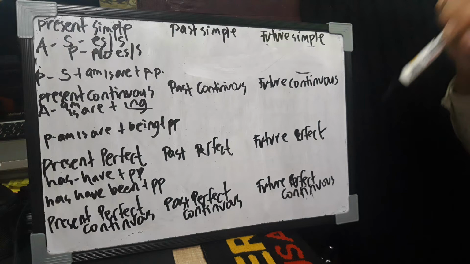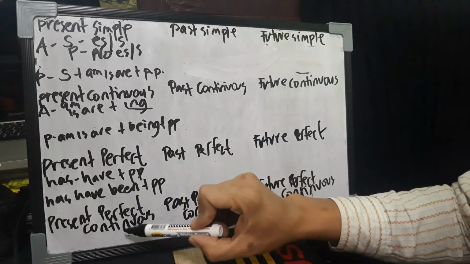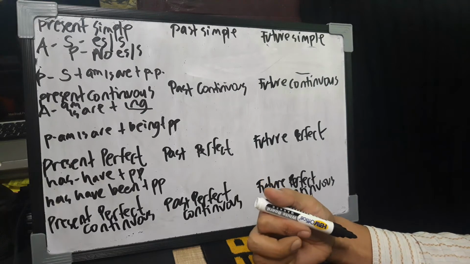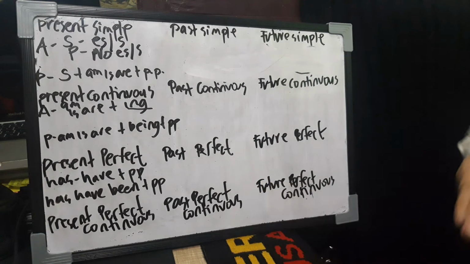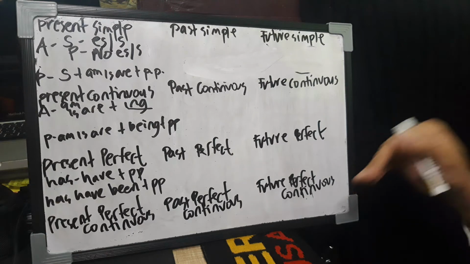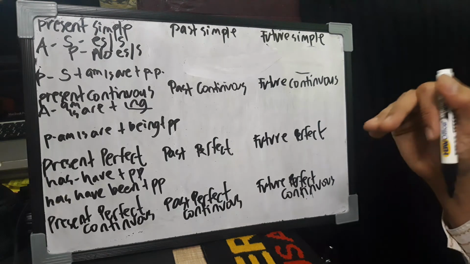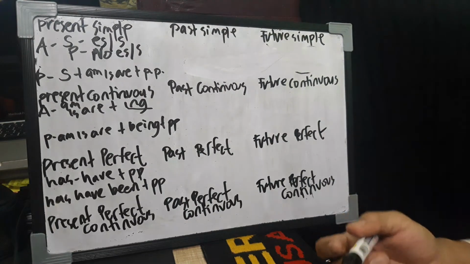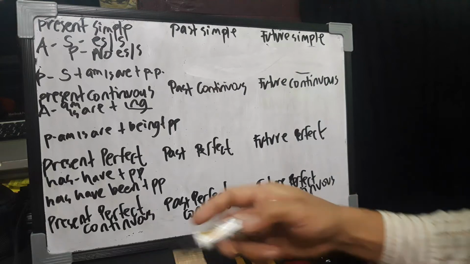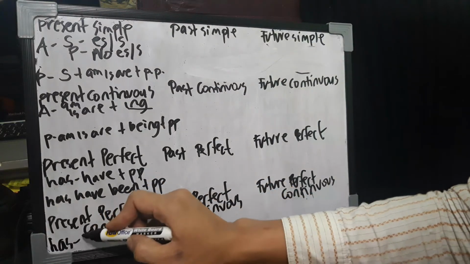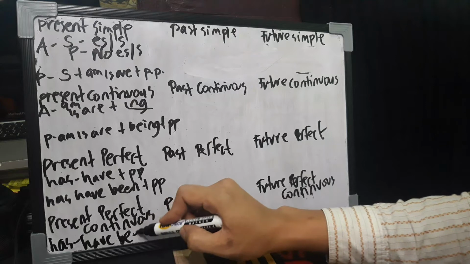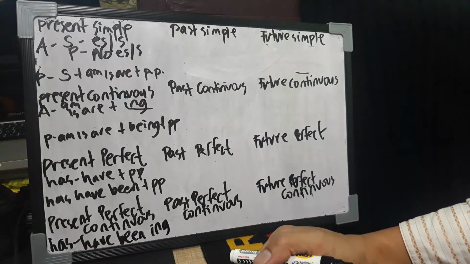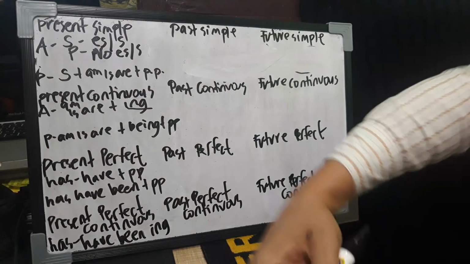With these tenses, guys, perfect continuous tenses have only an active form, meaning we do not use the passive form of the perfect continuous tenses. So again, we only use the active form. So what is the active form of present perfect continuous? We just have to use has or have plus been plus ing. So guys, these are the patterns for active and passive in the present tenses.